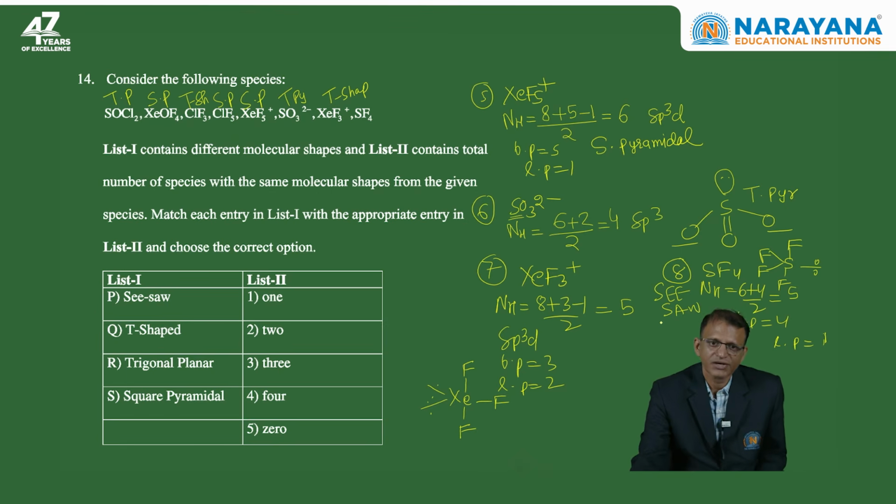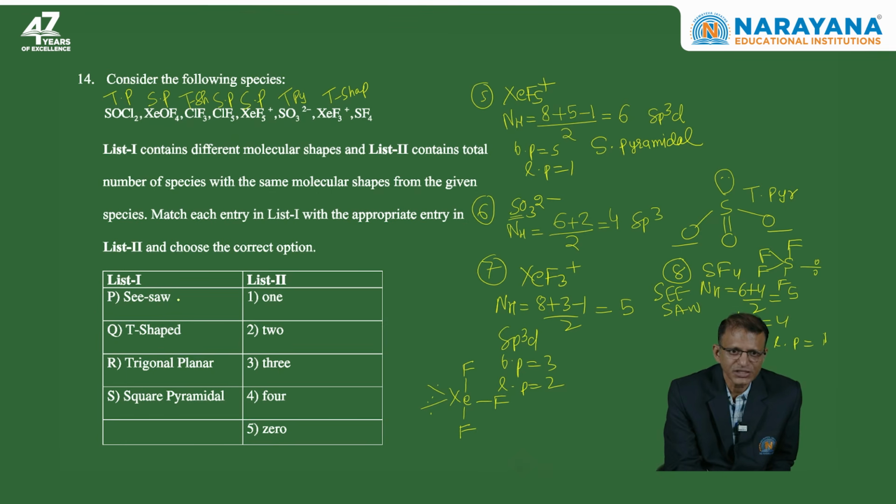So now let us try to find out the matching seesaw molecule. We have found 1, so P should be matched with 1. Then T-shaped molecules we have found 2, so T-shaped molecules should be 2.